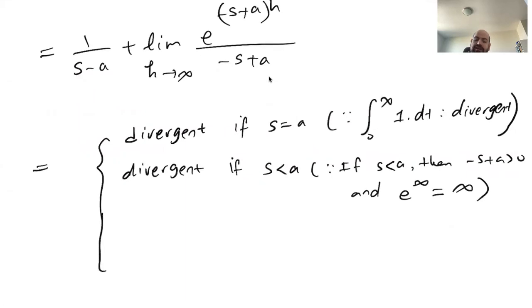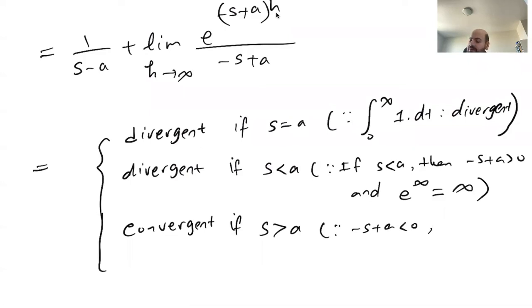And finally, if s is bigger than a, I will have convergence, because in that case minus s plus a will be negative. And then here I'll have e to the power negative times infinity, which is e to the power minus infinity, and e to the power minus infinity is 0.